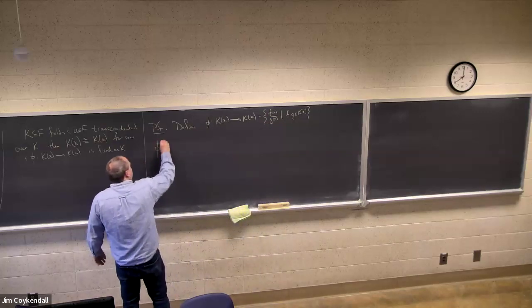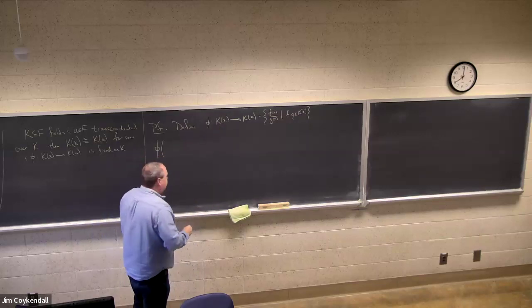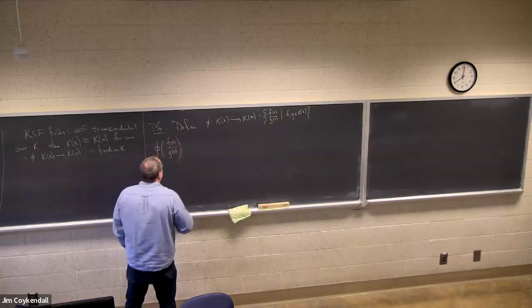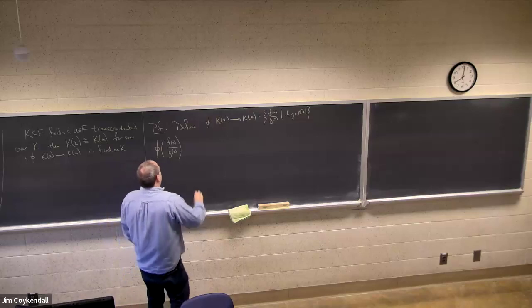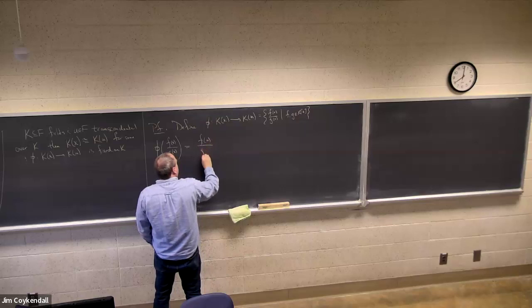We're going to take phi. What's a typical element of rational functions? Well, it's like this. And this is going to be f of u.